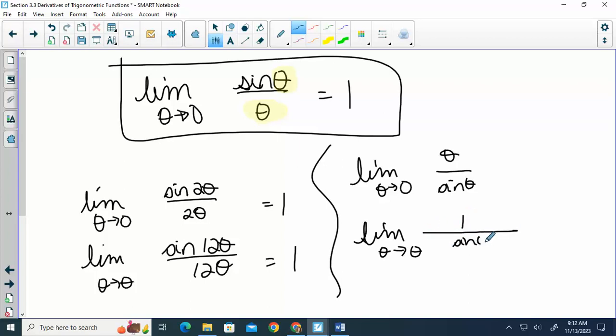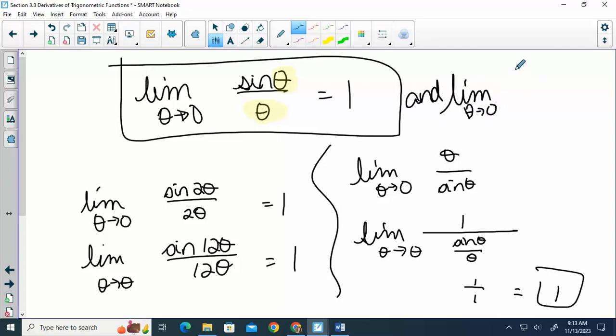So wouldn't that be the same as 1 over sine theta over theta? And then the top will go to 1, and the bottom goes to 1, and we still get 1. So this is true for the reciprocal as well. The limit as theta approaches 0 of theta over sine theta is also equal to 1.